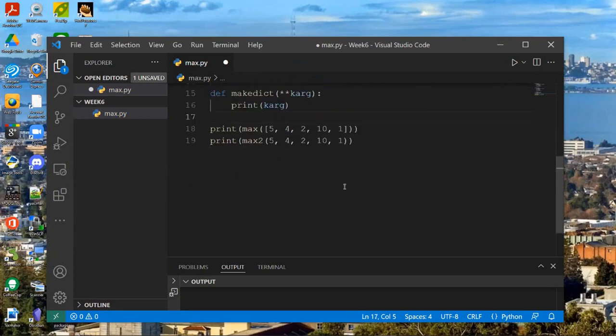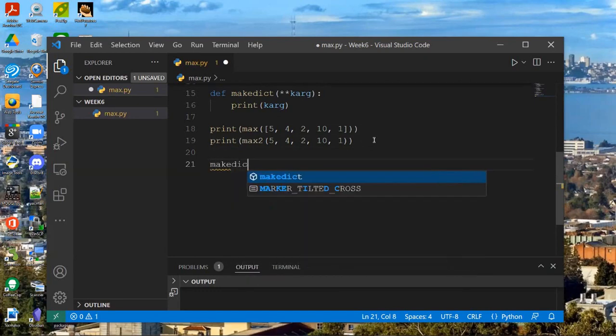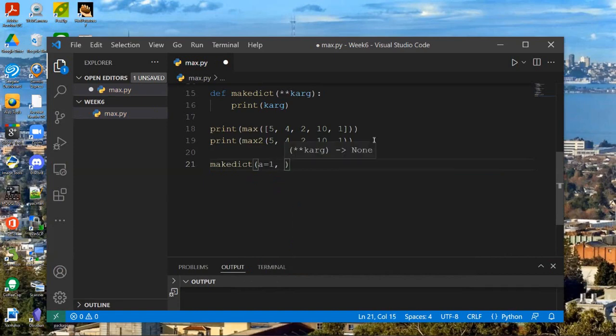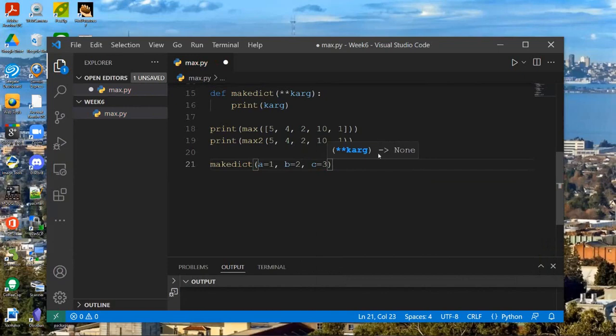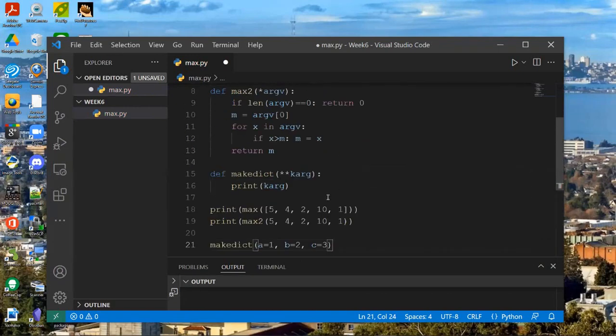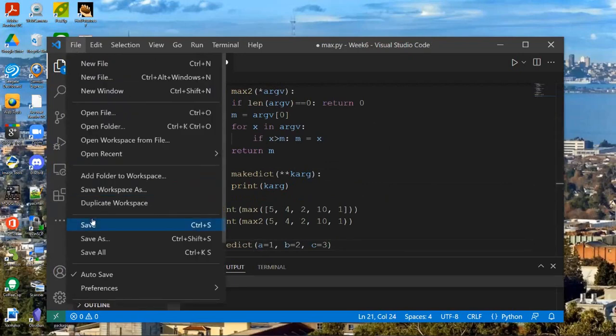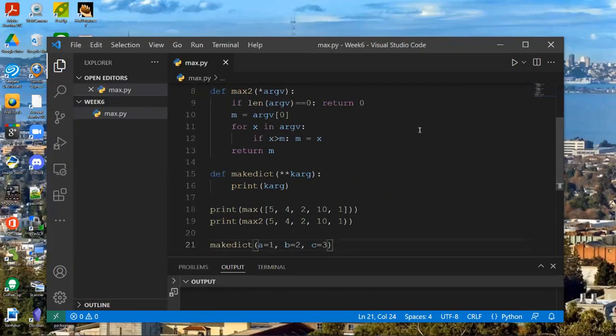Let's do make dictionary of A equals 1, B equals 2, C equals 3. So that one is grouping and creating a dictionary with key and value, key and value, key and value.